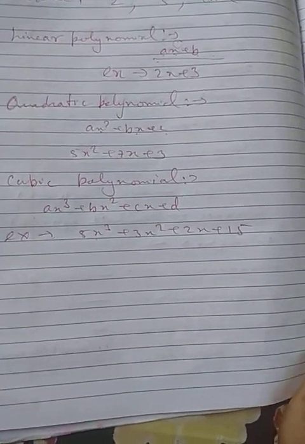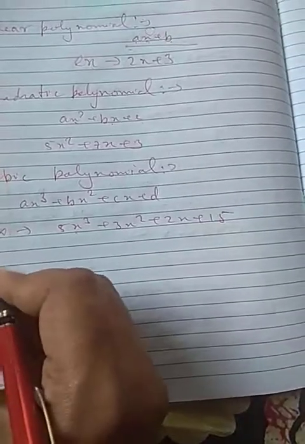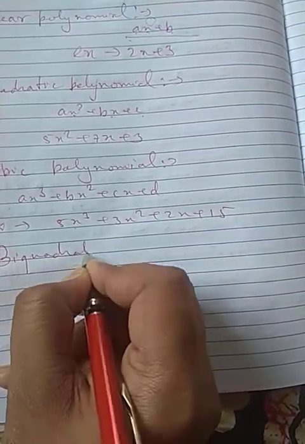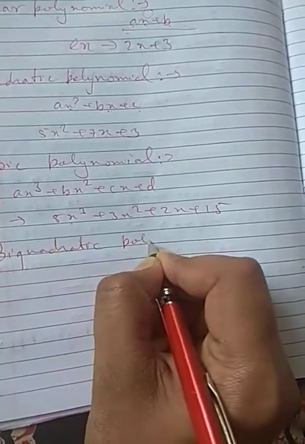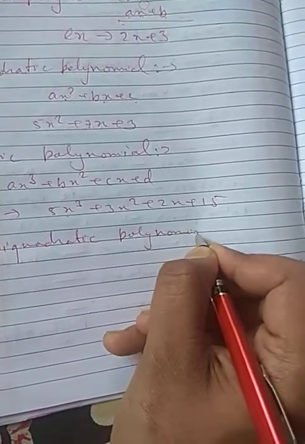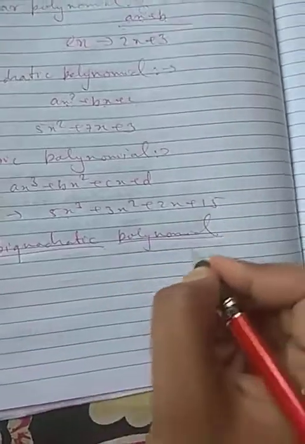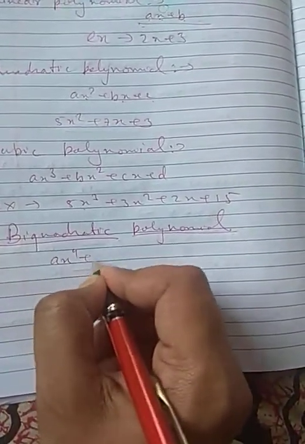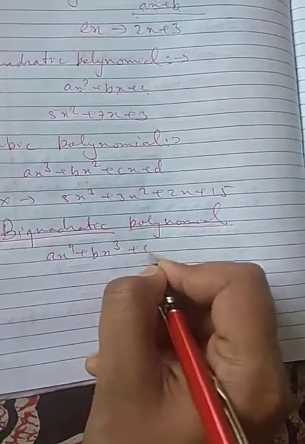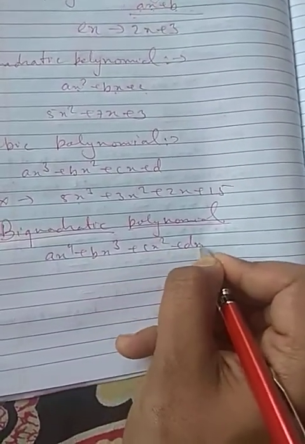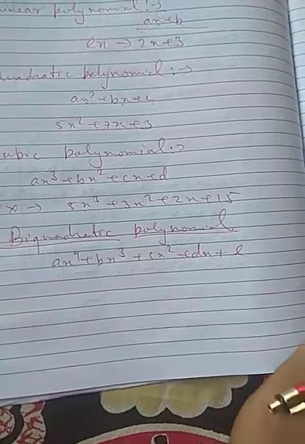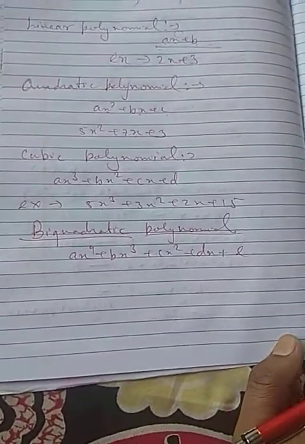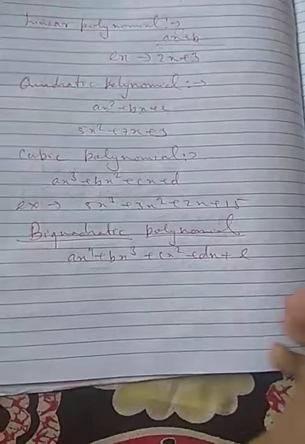Now next we have the biquadratic polynomial. In general, ax power 4 plus bx cube plus cx square plus dx plus e is a biquadratic polynomial.